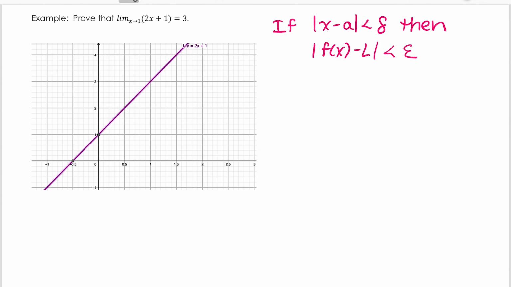Okay, so the first thing we need to do is some scratch work. We need to figure out what our delta is so that we can formally write the proof. So first we do some scratch work to find the delta, and then we formally write the proof.